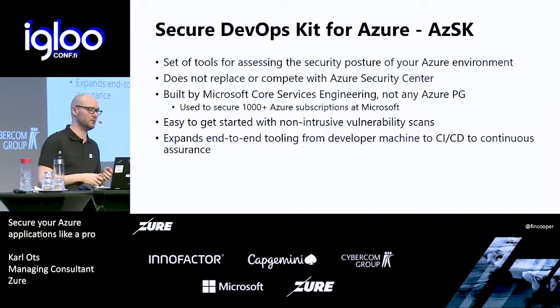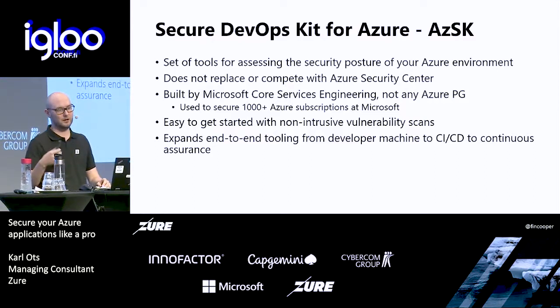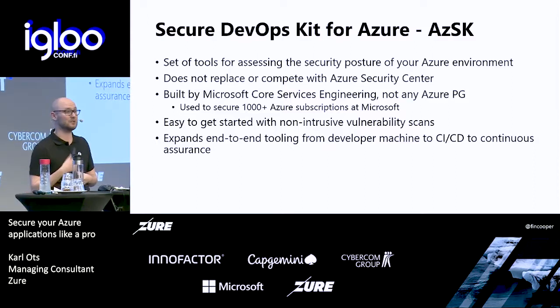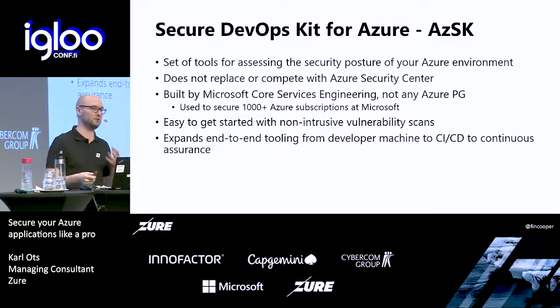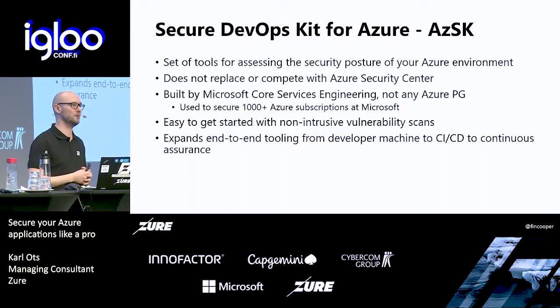It is a set of tools for running these scans against your Azure environment, automating the scanning, and even integrating with your CI/CD. It doesn't replace, and it's not a competitor to, Azure Security Center. It's actually using Azure Security Center for the virtual machine parts of the work.